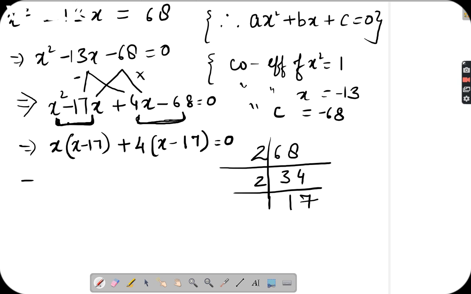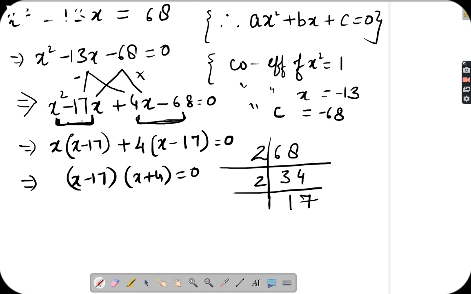Now we have two identical groups, x minus 17 is present in both places. So we will put x minus 17 in one group and x plus 4 in another group. And here you get an alarm: if you are solving the question in the correct direction, then you will get these two bracket values identical.